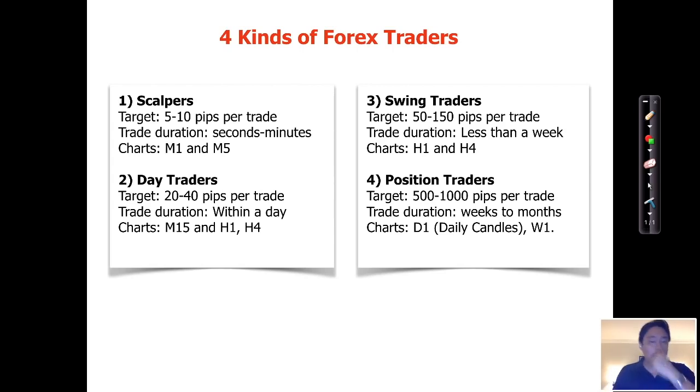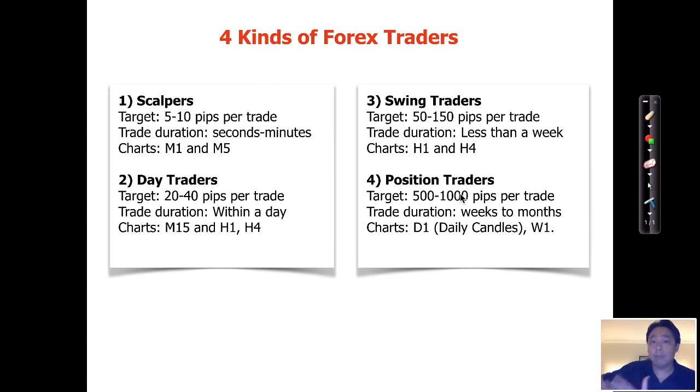All right. So there are basically four kinds of forex traders, and let me begin with the long term, and then I'm going to go down to the short term. So some people are what we call position traders. In other words, they will enter the forex position and hold it for a couple of months or even years.